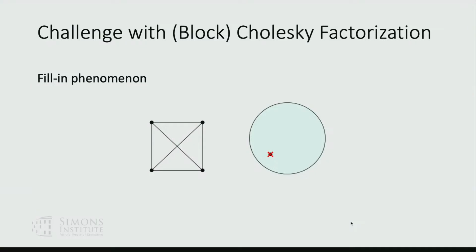Suddenly the number of non-zeros in the remaining matrix has gone up. You started with 4, now I have 6, but it's a quadratic blow-up. So if you eliminate a high-degree vertex, you suddenly get a very dense graph. We can't even afford to build the Schur complement explicitly.